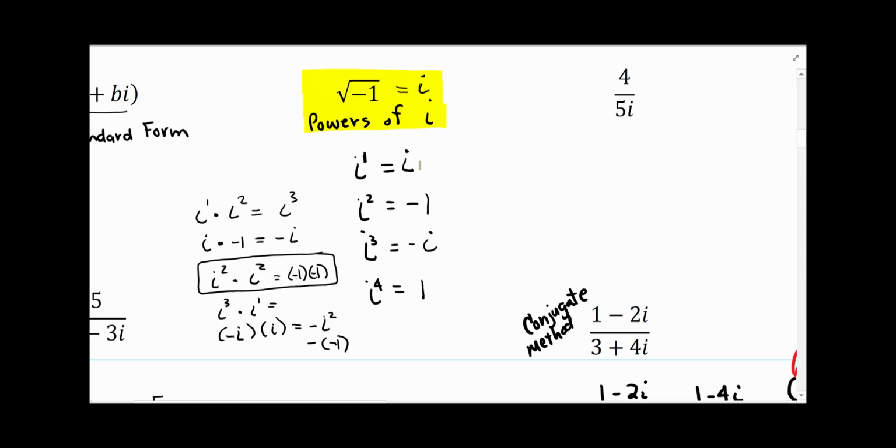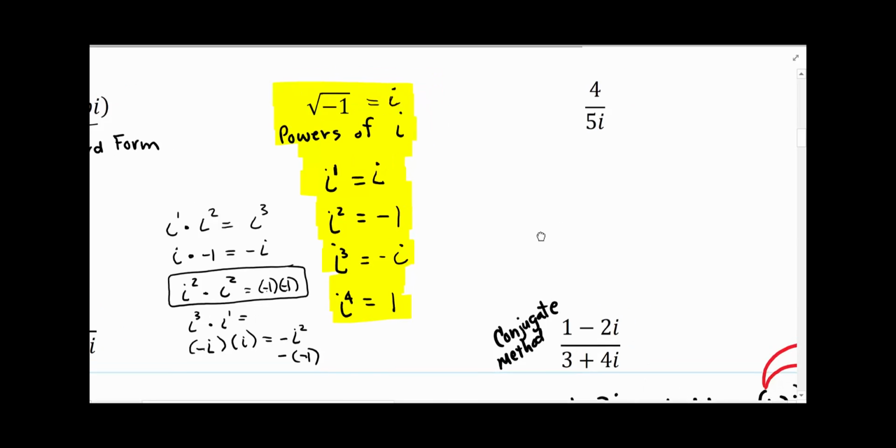Good idea to memorize those things. I mean, it's easy enough to arrive at them. So if you're not somebody who memorizes very easily, you might want to especially focus on i squared is equal to negative 1 and i to the first, because then you can just use the powers of exponents to arrive at the others.